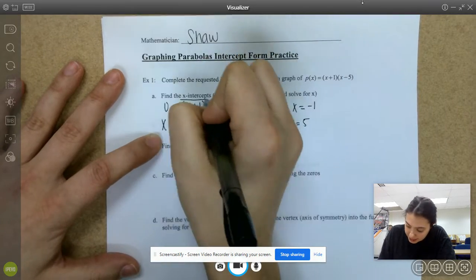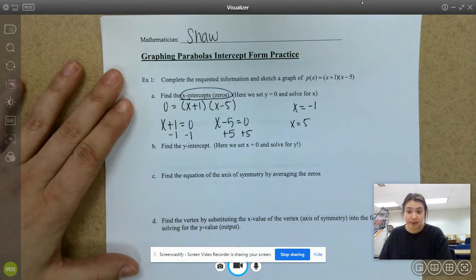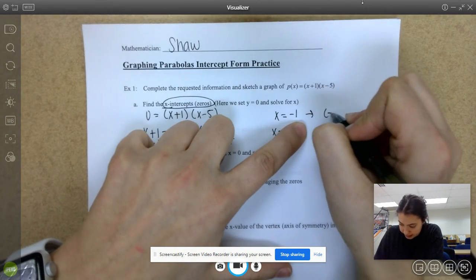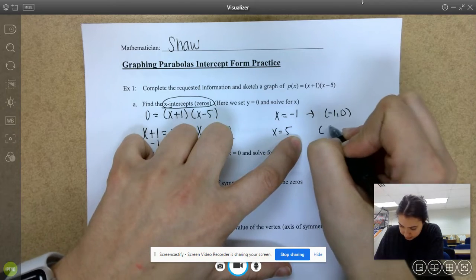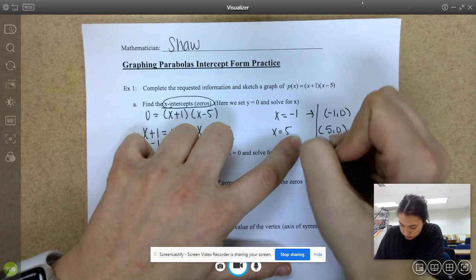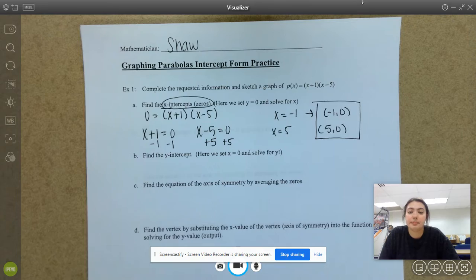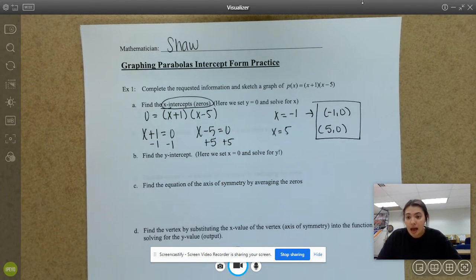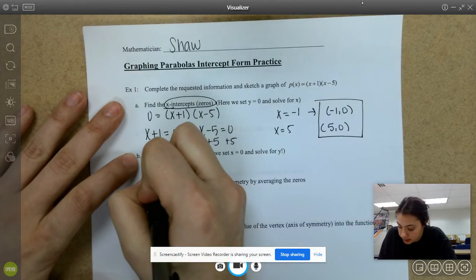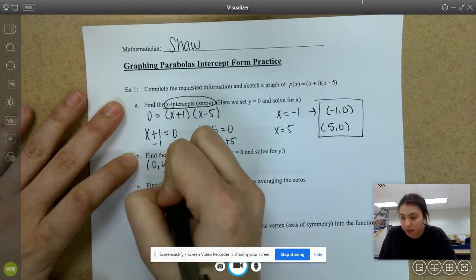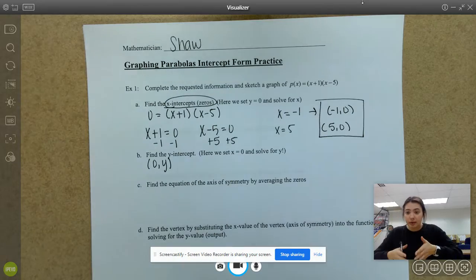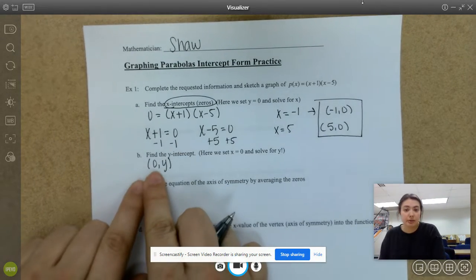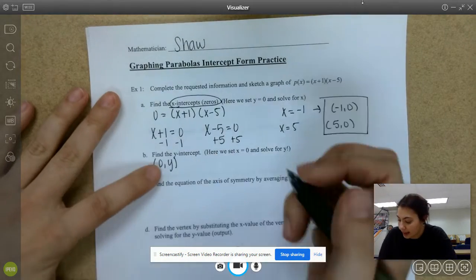Because it asked for our answers as x-intercepts, our final answer is negative 1, 0 and 5, 0. Those are our 2 x-intercepts. Now, to find the y-intercept: a y-intercept is always the location on your parabola where x is 0, so it's 0, y.